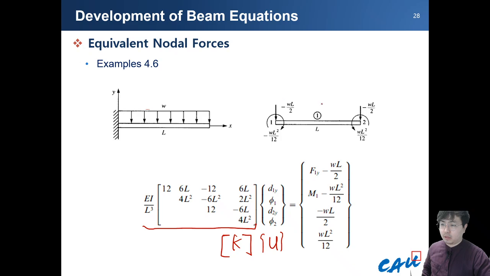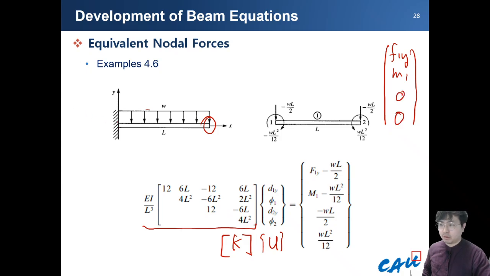What is the force vector? The exact force vector can be expressed like this. In this part there are no reaction forces, so these must be equal to 0.